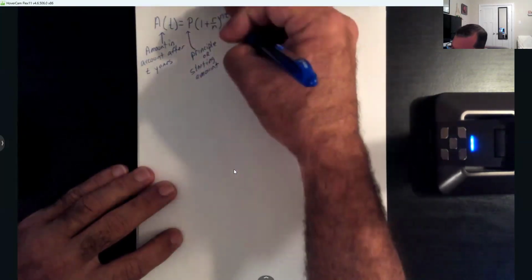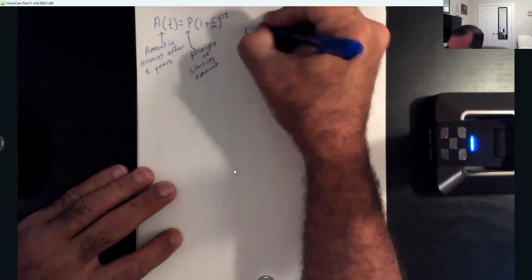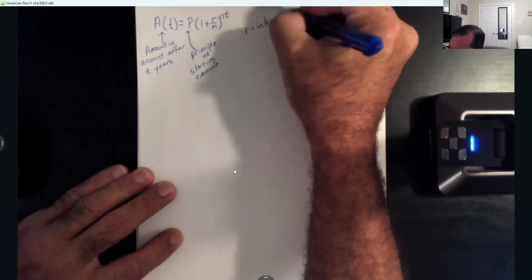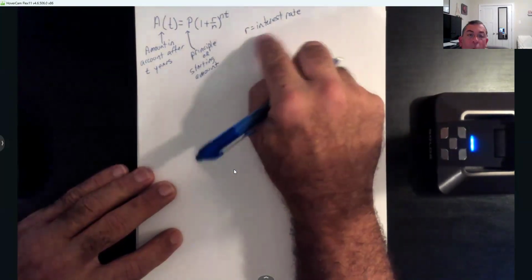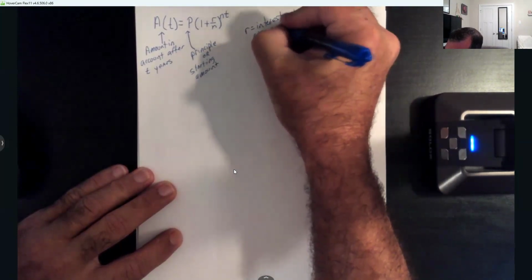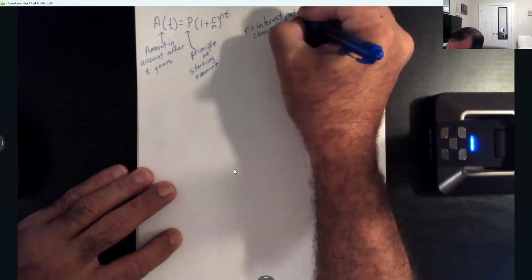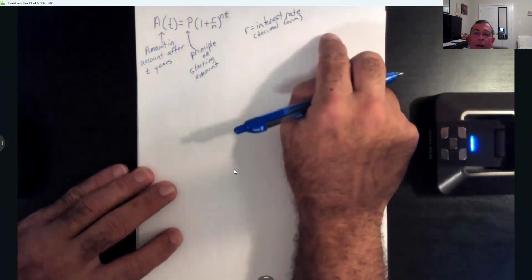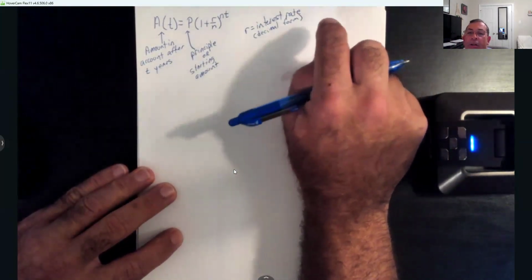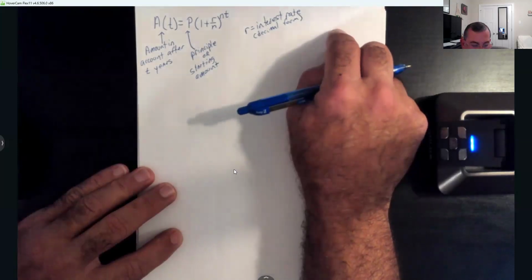R. R is your interest rate. Now, when we use this in the formula, it's got to be in decimal form. So to turn percent into a decimal, you move the decimal left 2 places, okay?